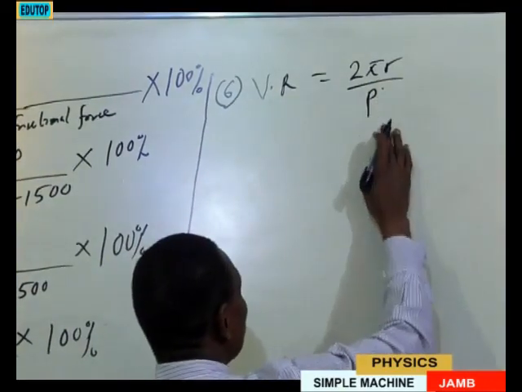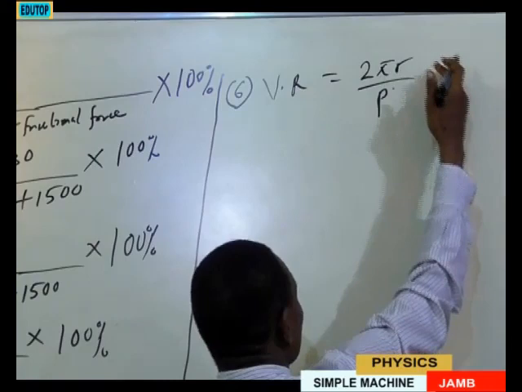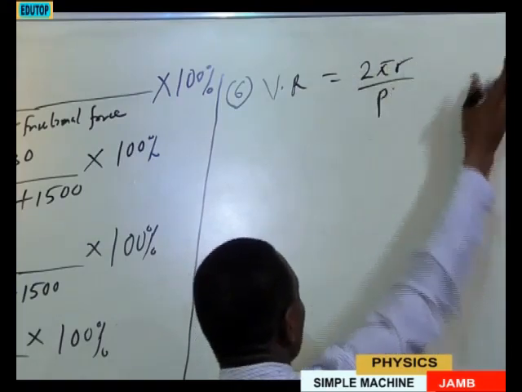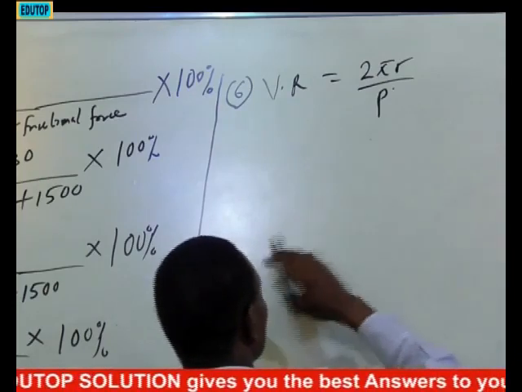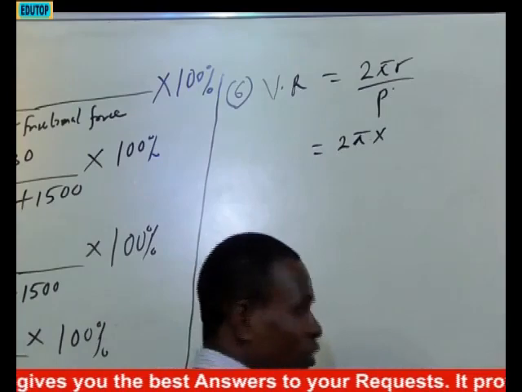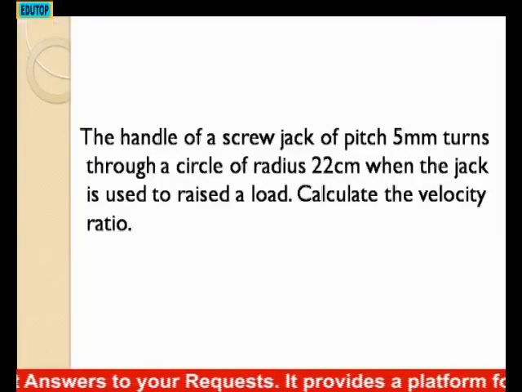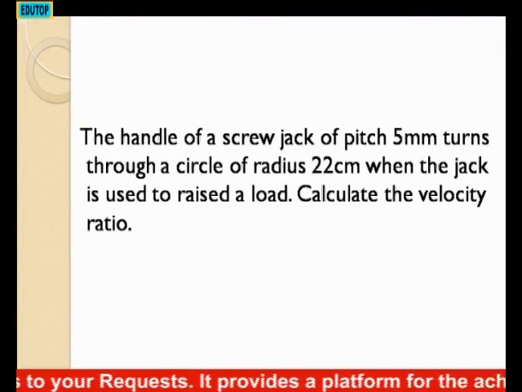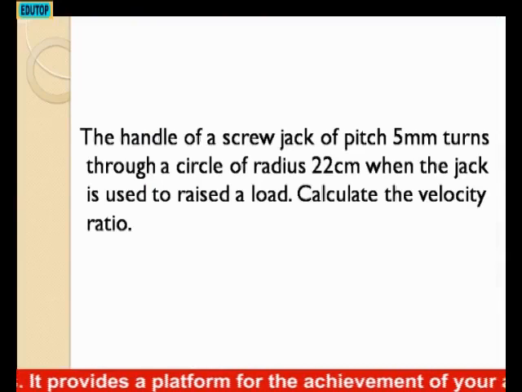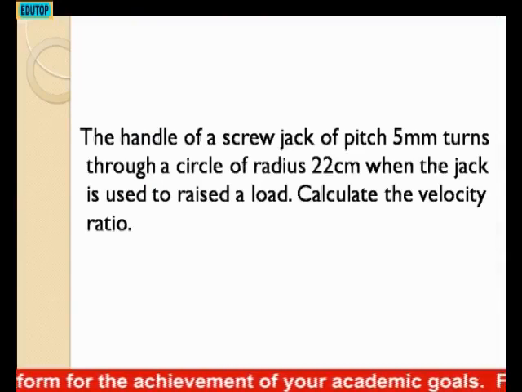The p here is the pitch. The small r in some textbooks is a big R. The r here is the radius. So we have 2 pi times 22 divided by the pitch of 5 mm.